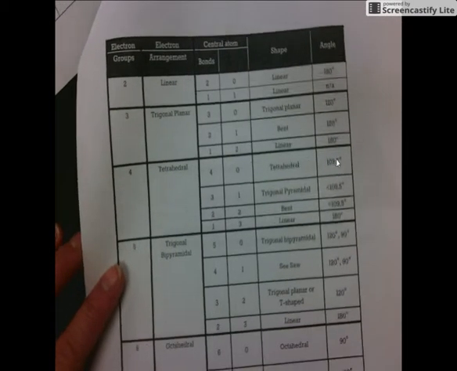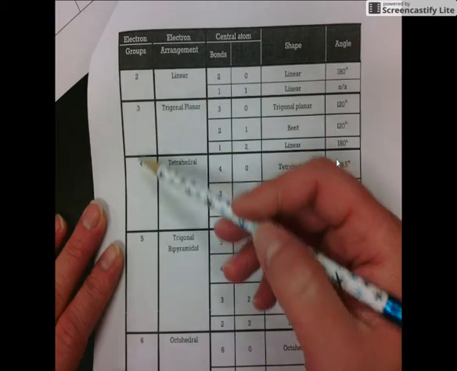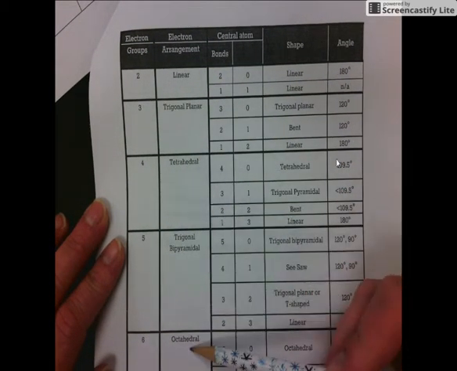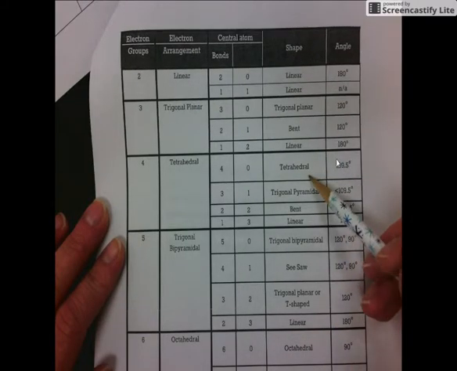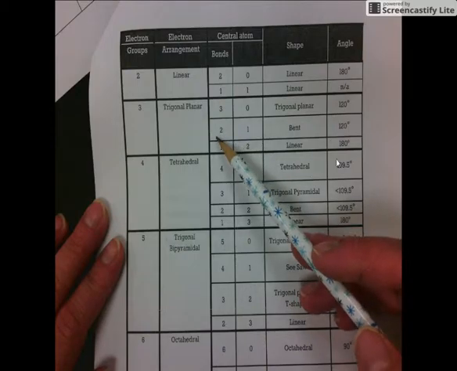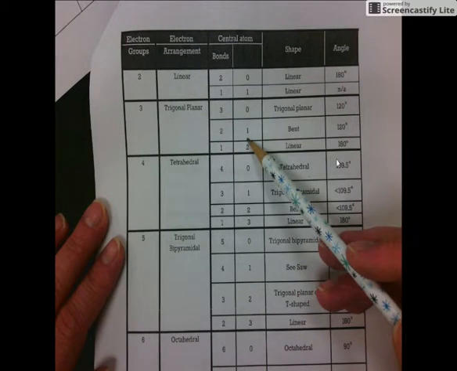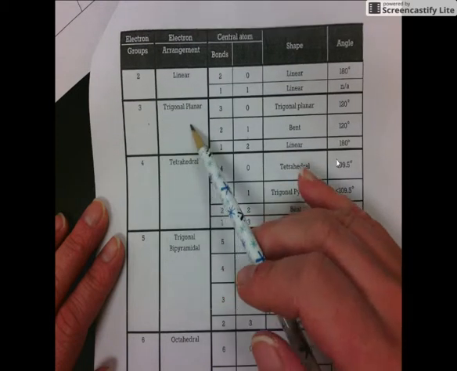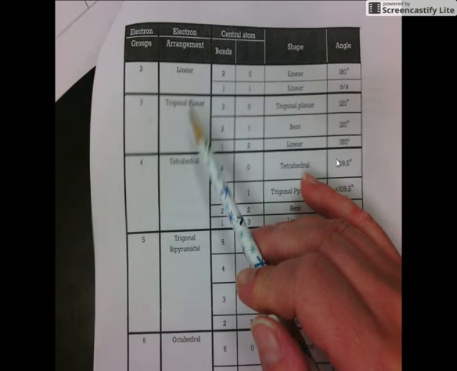And now in terms of electron arrangement, we're going to flip to the last page, and I have a nice little chart. So you'll notice on the left-hand side, I have number of electron groups, I have electron arrangement, and then I have what my shape is. And the shape changes based on whether those electron groups are bonds or lone pairs. So in this case, I have 3 electron groups, so my electron arrangement is trigonal planar.